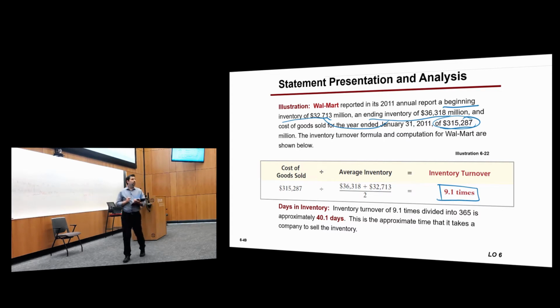If you look at it from a days in inventory perspective, you divide 365 by 9.1, and it tells you it's 40.1 days. So it takes Walmart 40.1 days to sell their inventory completely.